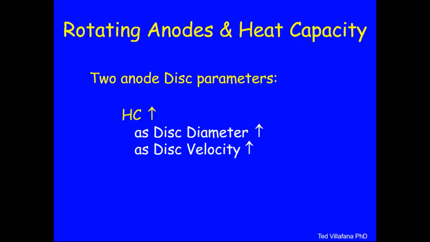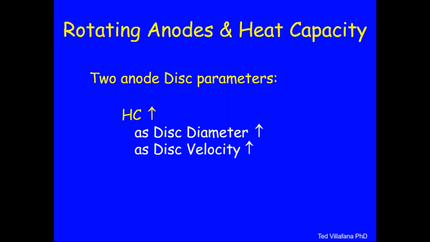And how about how fast is it moving? The faster it moves, the quicker you bring to bear fresh metal. The quicker you take the metal out from under the electron bombardment, so that you don't build up too much energy at any one point. So those are the two parameters associated with this idea of rotating anodes.